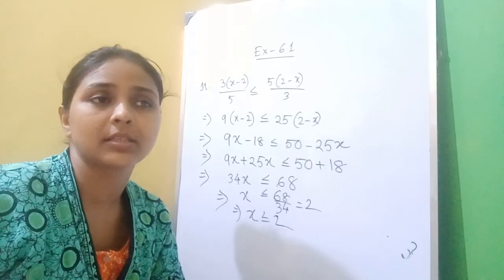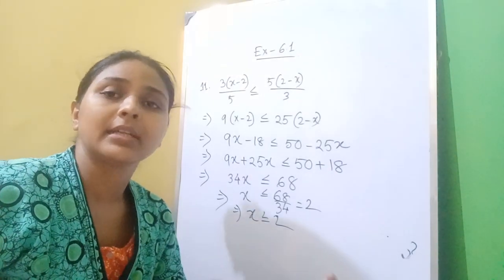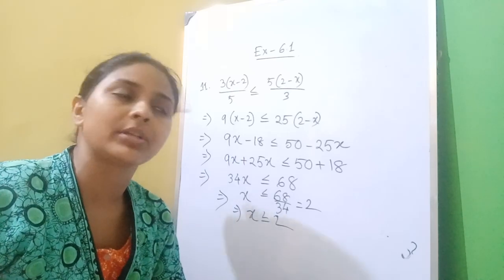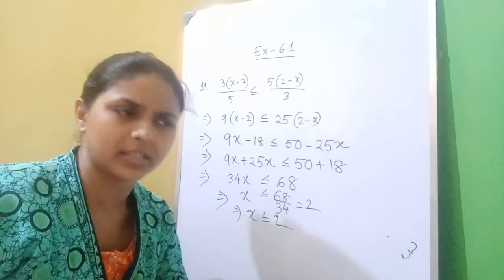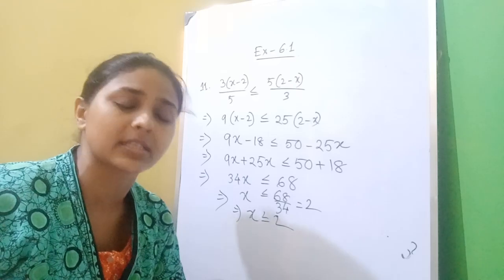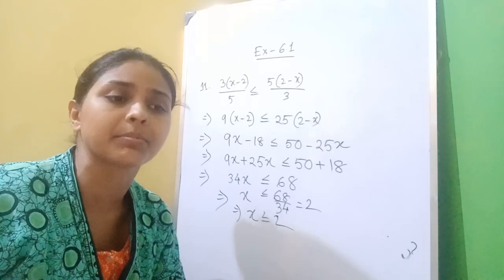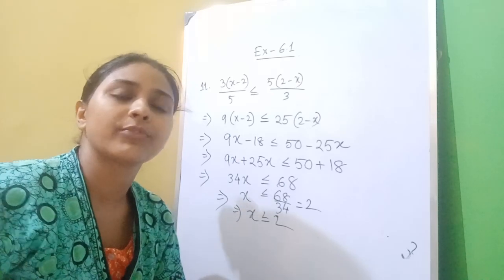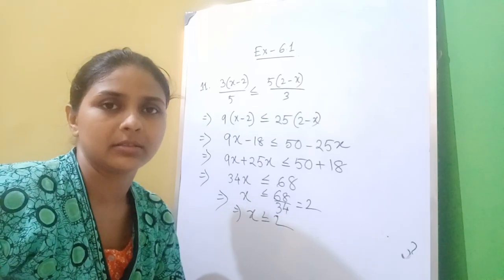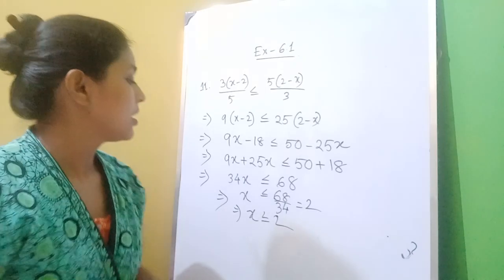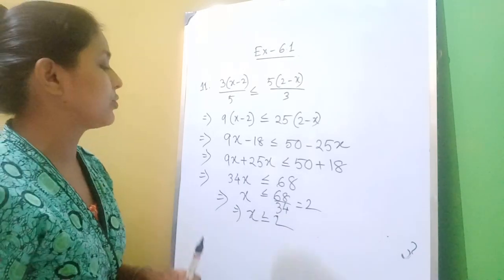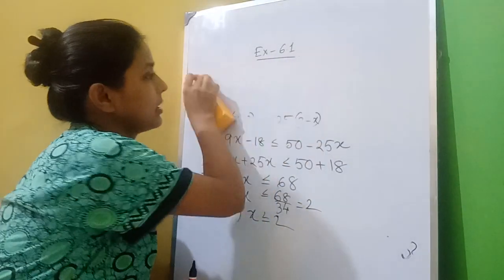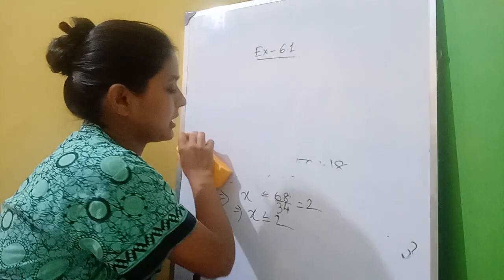Real x means the number that is a real number. So real numbers consist of natural numbers, integers, rational numbers, irrational numbers, negative integers, 0, fractions, everything. Okay. So x less than or equal to 2 we have got as the final simplification.